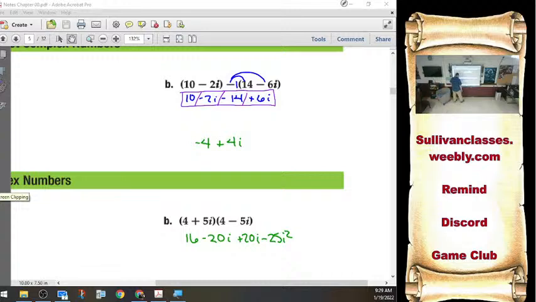On this one, I distributed, and you're going to find that I really like writing mine like this as I distribute. Why would that be beneficial? You see the like terms, right?